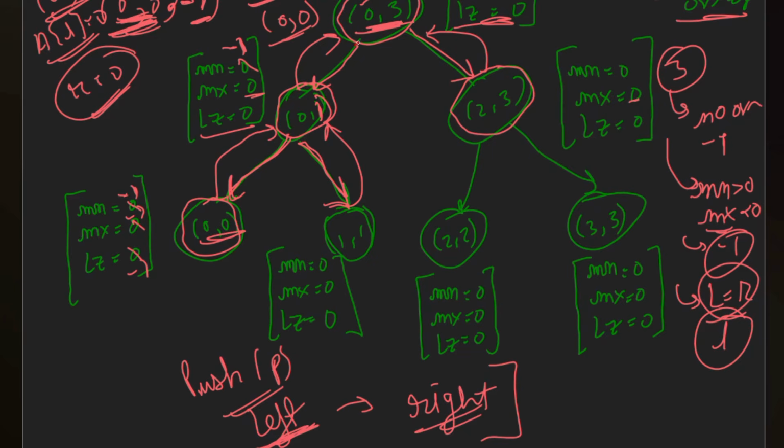So there is no lazy value, so first it will push the lazy value, but lazy value is 0, so none of these will be getting updated, right? Then it calls its left child 0 comma 1. Again 0 comma 0 has partial overlapping with 0 comma 1, so it will also call its left child. So see, 0 comma 0 and 0 comma 0, overlapping is there.